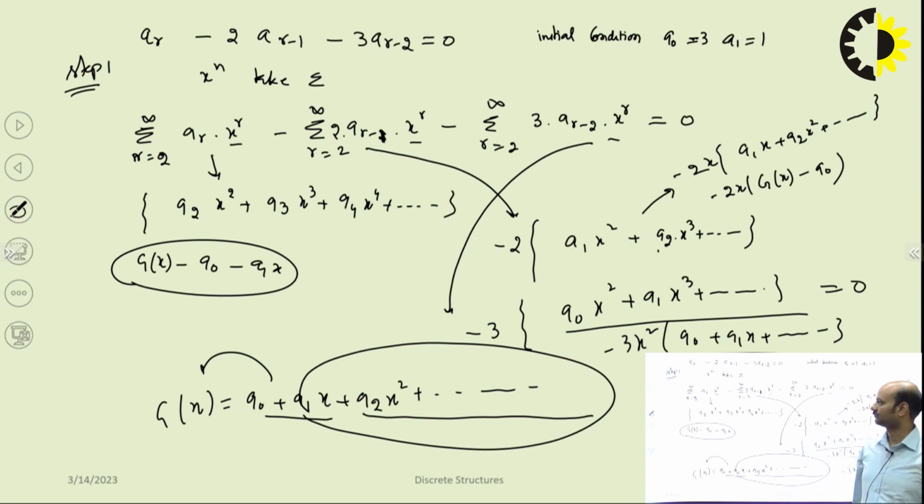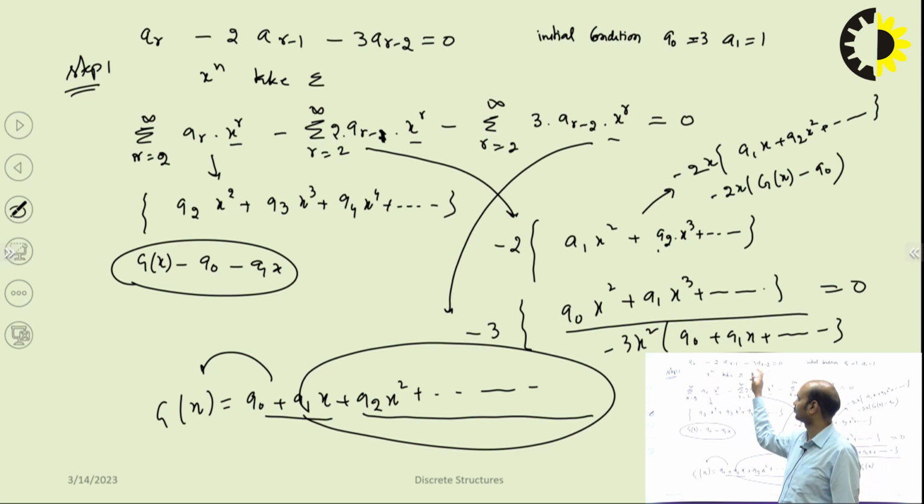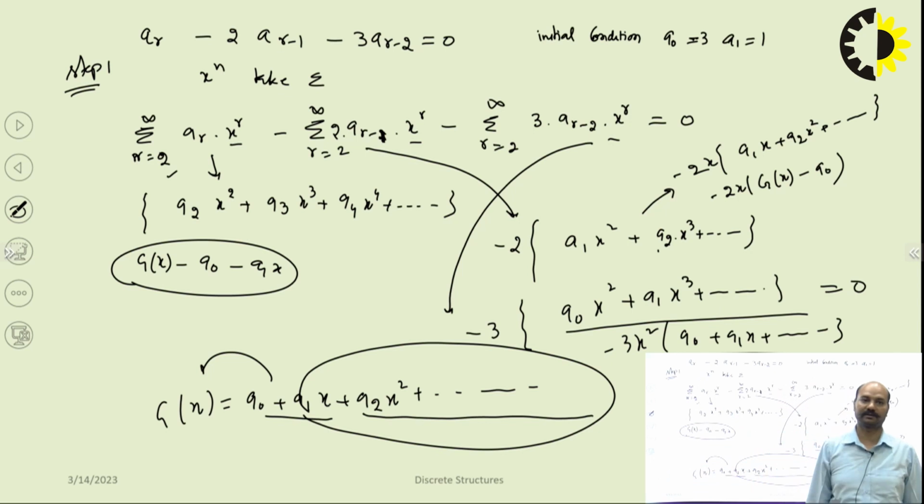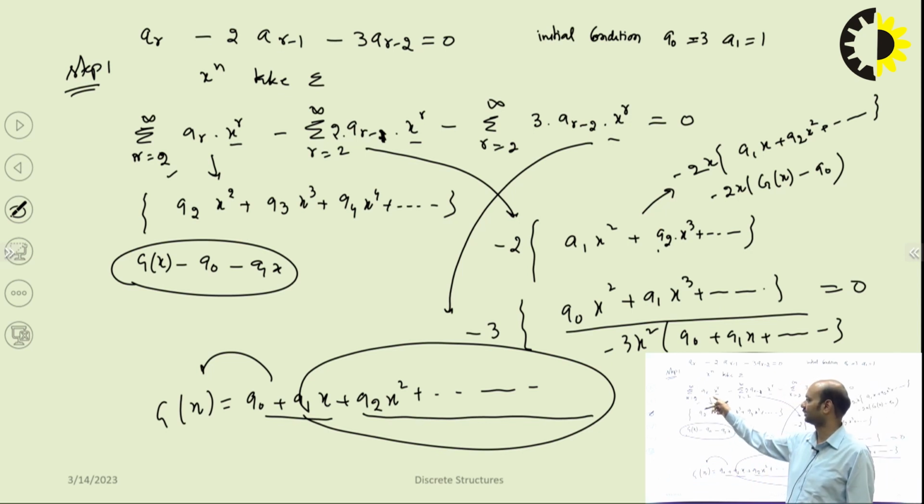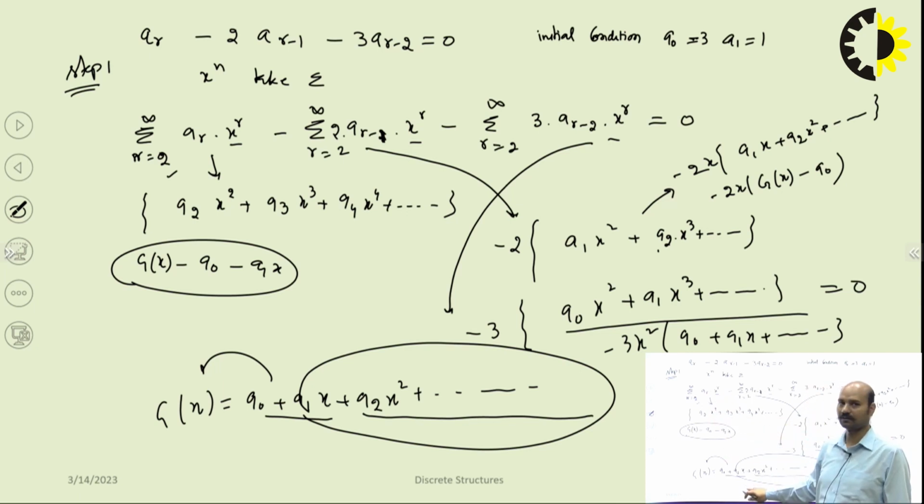So we can revise that particular question. You write the recurrence formula, multiply by x to the power n and take summation. The initial condition comes from the degree, that is the difference between the lowest power and highest power. So we write r is equal to 2 to infinite, a r x to the power n, expand this series and convert this into g of x.